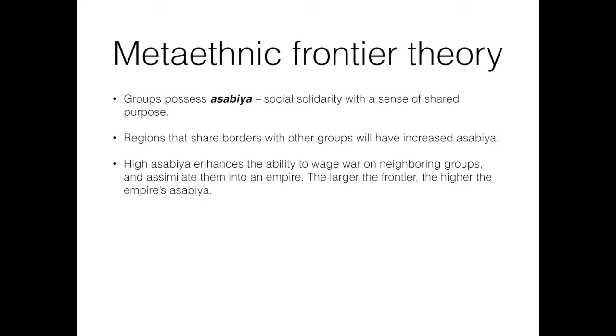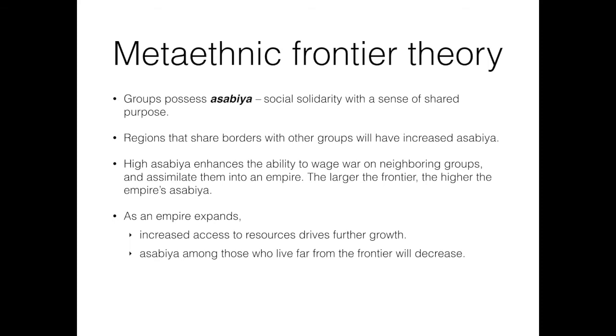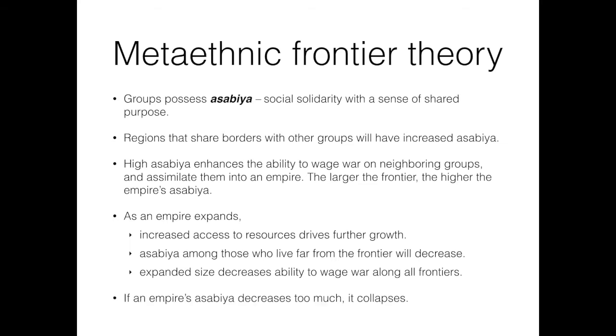However, as empires become larger, asabia among those individuals who live far from the frontier will decline as a result of increased internal competition, a lack of resources, and a lack of exposure to external threats. Meanwhile, the constraints of expanded infrastructure mean that maintaining a frontier becomes more difficult as the empire's size expands. So eventually, an empire can be stretched too thin and it becomes susceptible to conquest.